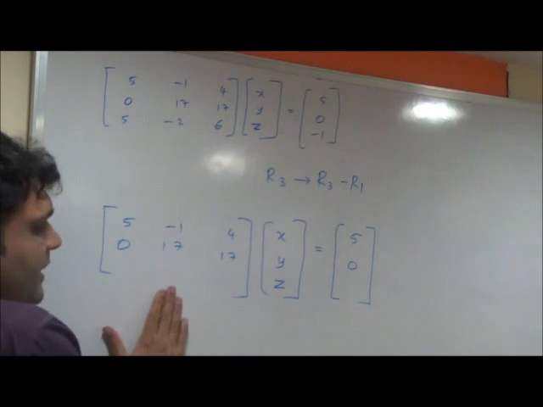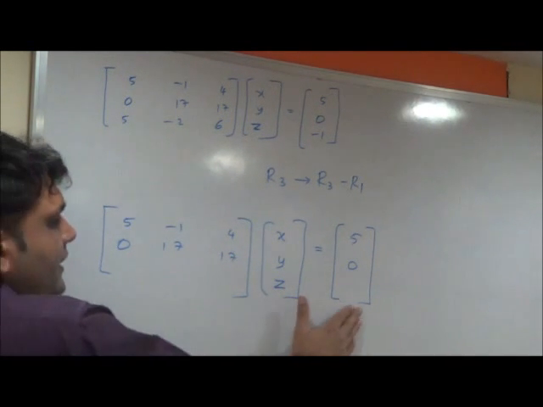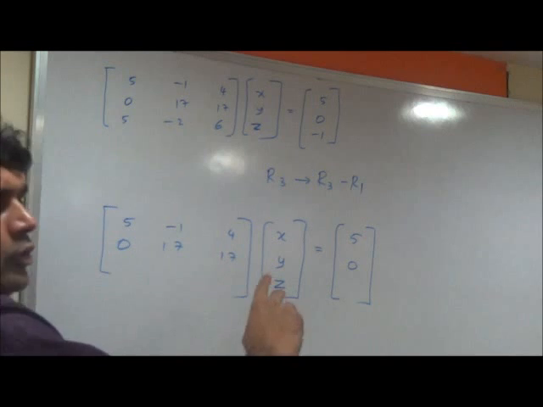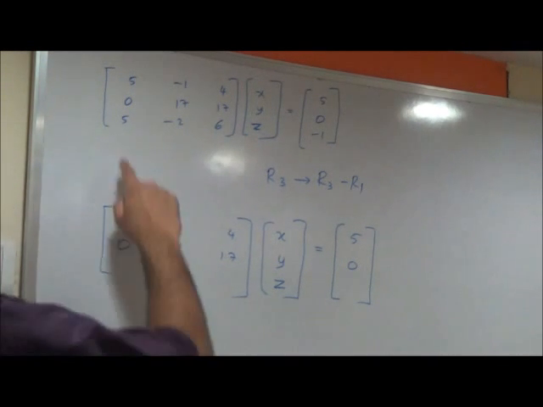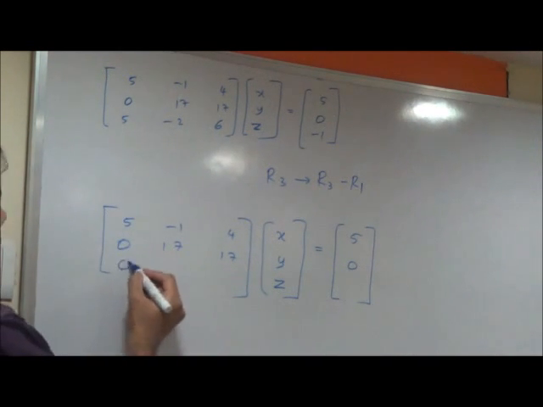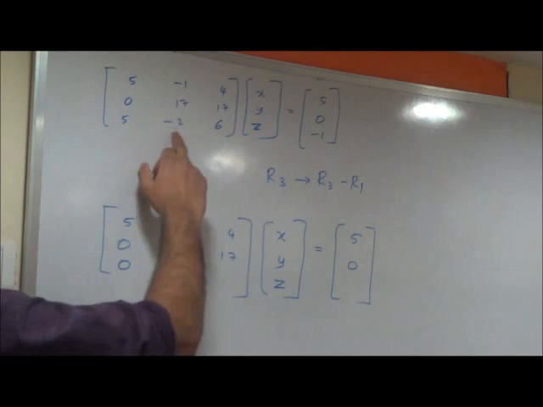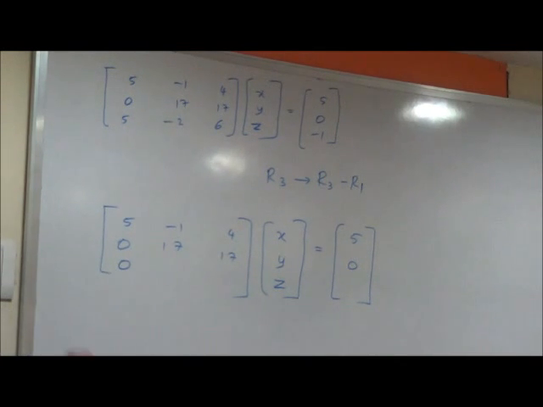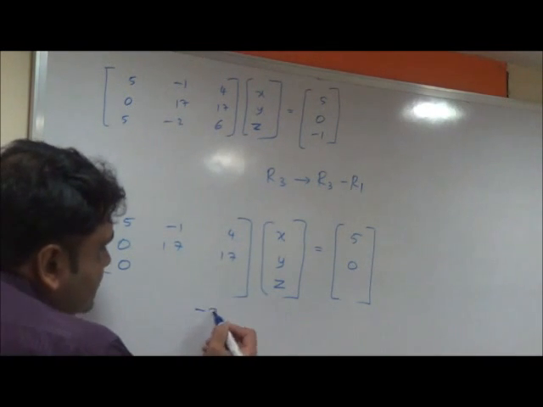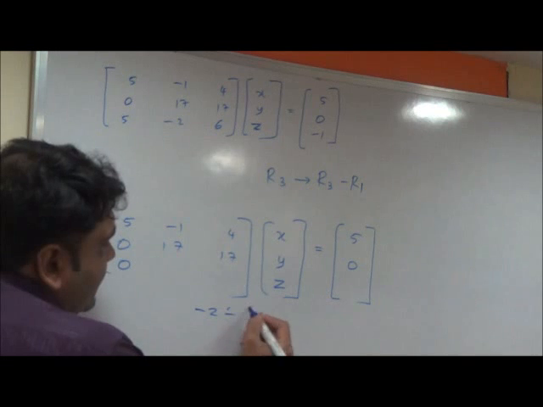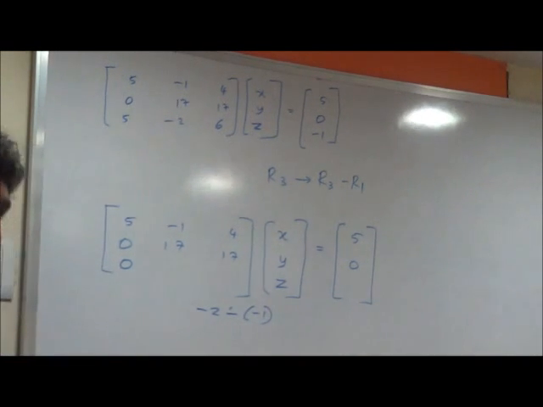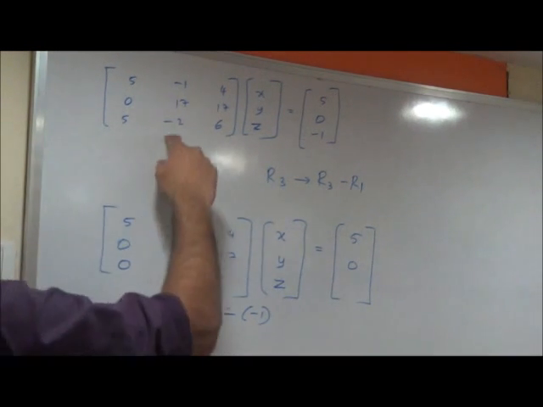Whatever you do in the first matrix for row transformation, do it in the third matrix. Second row, do not touch. 5 minus 5, 0. Minus 2 minus minus 1. Whenever you are doing a calculation, please write like this in the rough: minus 2 minus minus 1.